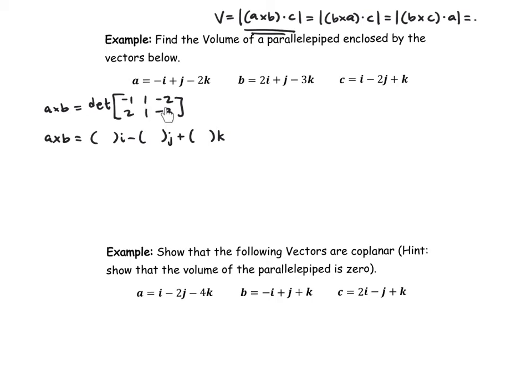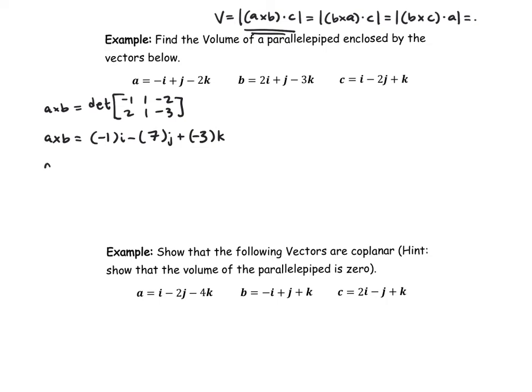So that's -3 minus a -2, so it's -3 plus 2, which is -1. There's my I component. My J component, I cover up J. I get +3 minus a -4, which gives me 7. Okay, K component, cover this up. -1 minus 2. That's a -3.